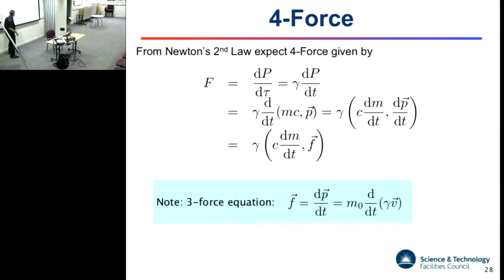So if we take the 3-force equation, we have dp by dt, and that gives me d by dt of gamma v. So if I want to increase my momentum, if I'm at low velocities, if I keep applying a constant force to, say, my electron, then initially gamma will stay very close to 1, and everything will change in v.